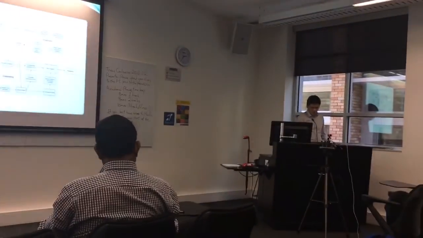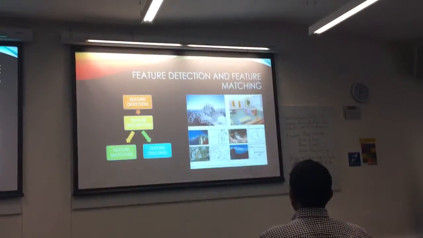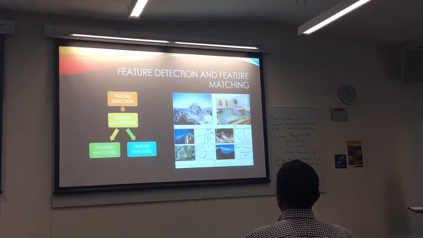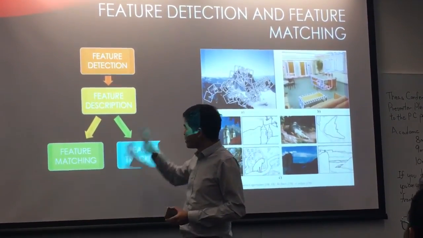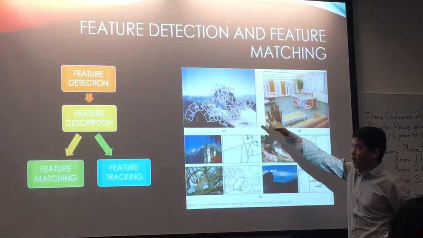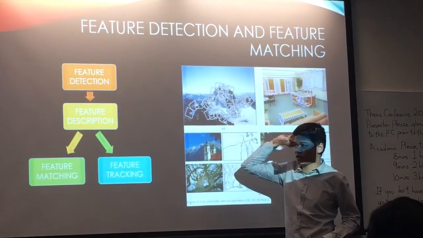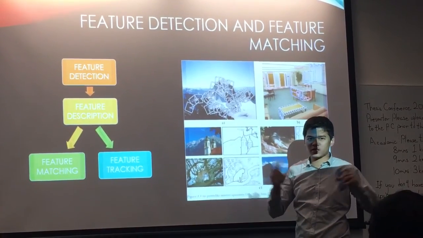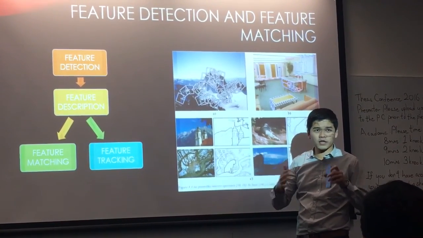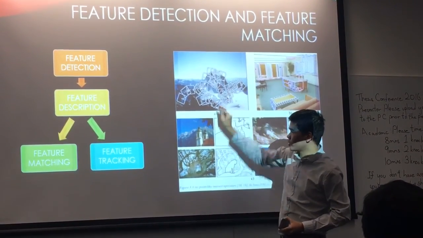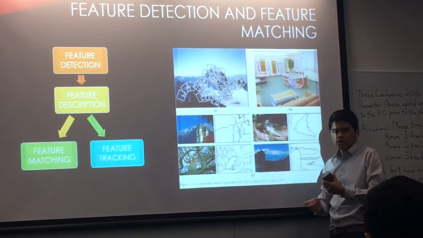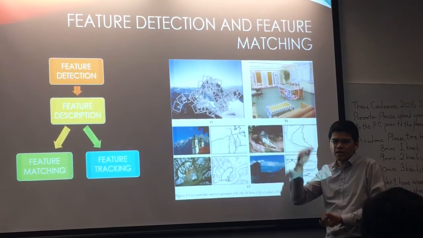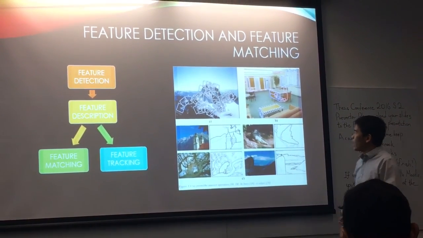To help you understand more about this, I will go through feature detection and matching features. They comprise three main steps. First is feature detection. If you have a photo like this, it detects the points, like what is the difference between image and image. It detects a lot of points, and then it describes what they are, such as the gradient, the contrast, and the sharpness of the points.